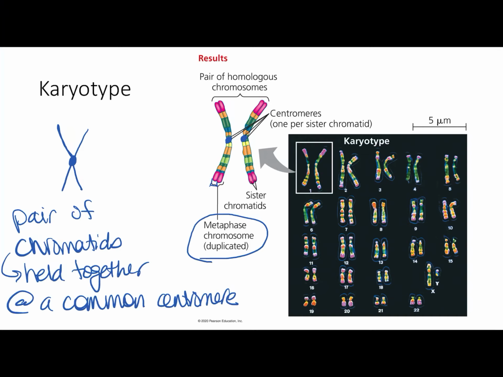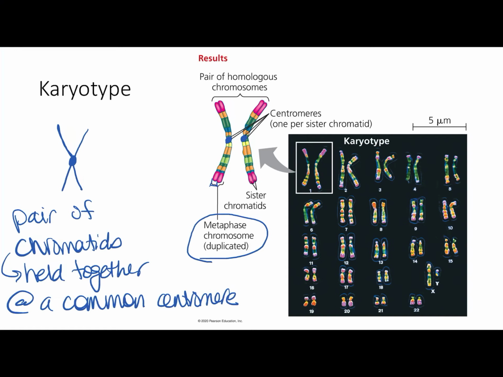So even though there are 2 chromatids here that will eventually become their own chromosomes once they separate during anaphase, right now they are pairs of chromatids. They're held together at a common centromere, so they are considered one chromosome.